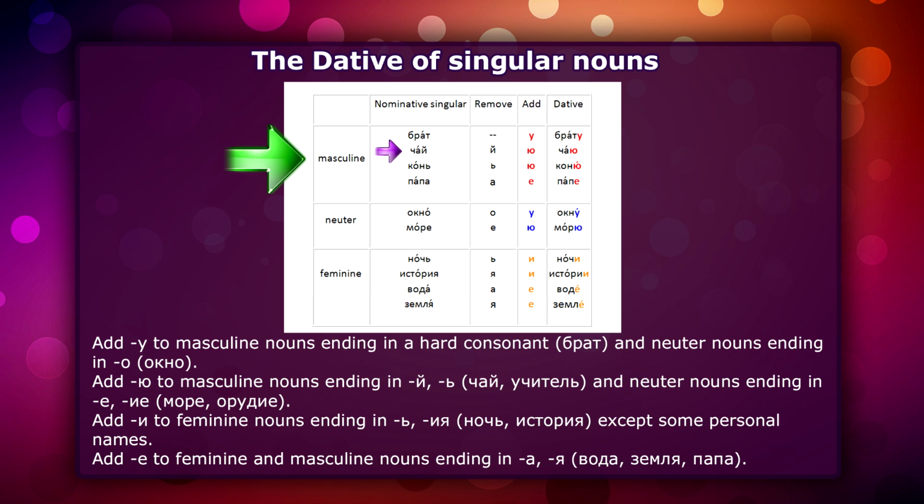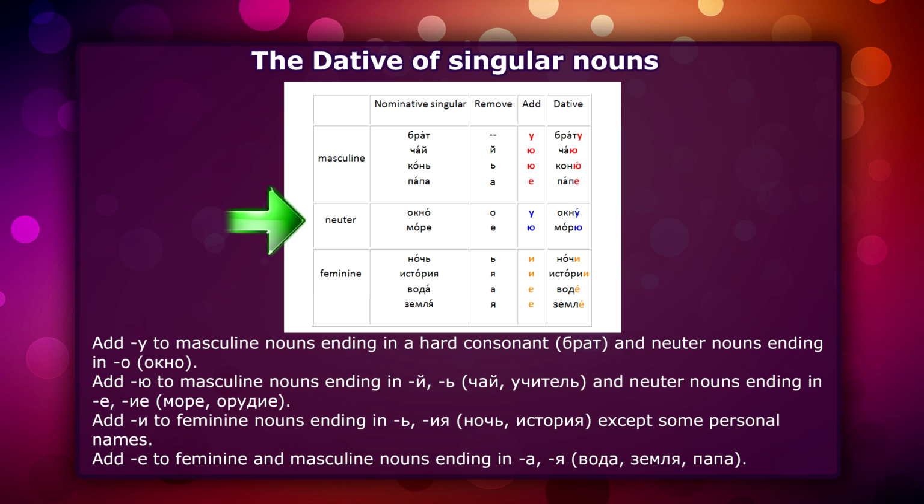If it ends in и краткое, y, then we remove it and add u. If it ends in a, we remove a and add e. Брат, брату, чай, чаю, папа, папе.